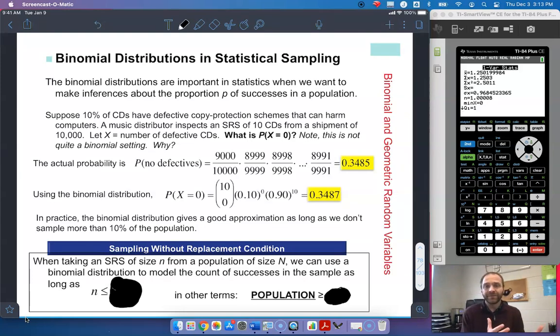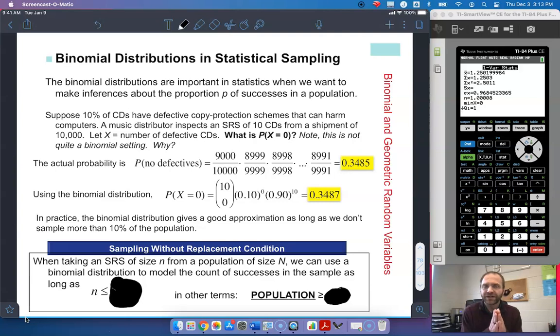So now the probability changes. I have 8,999 out of that. 8,998 out of that. So as I keep drawing CDs, I'm now changing the total in that shipment. I'm influencing it. It's not independent. And my probability is 0.3485.